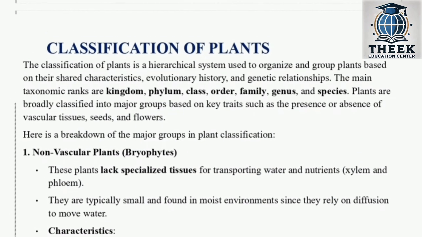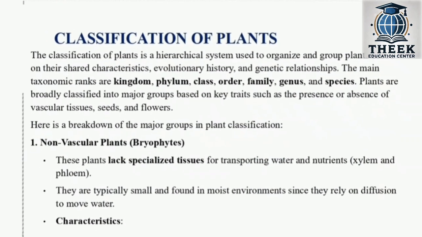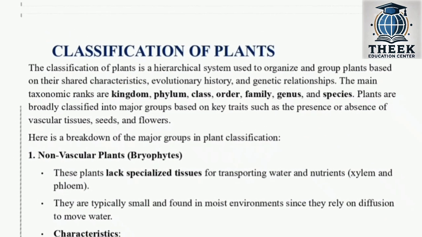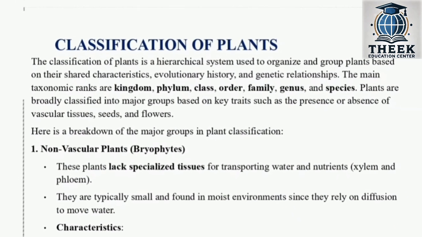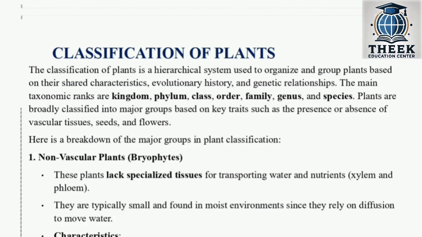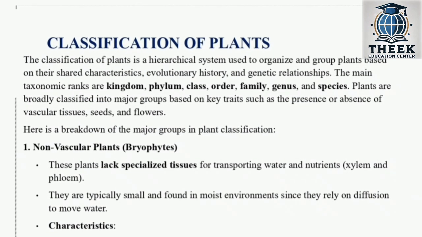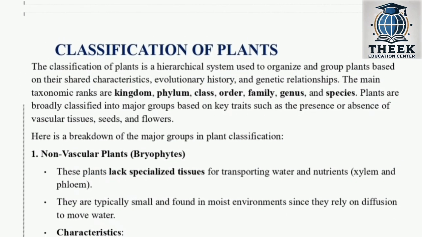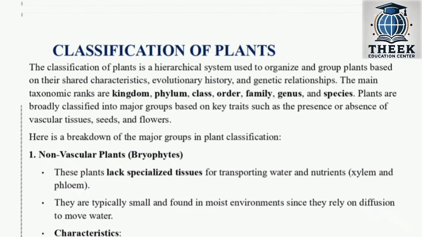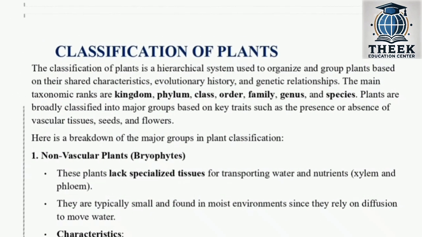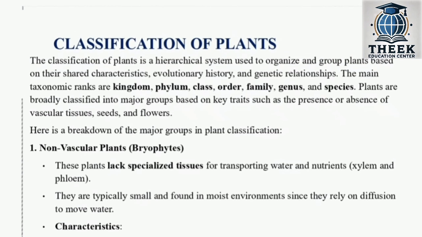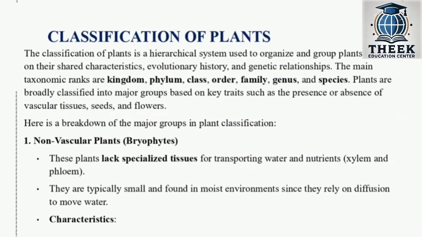So in this classification, we are going to talk about how we group these plants. We group these plants based on their common characteristics, their evolutionary relationship, and their genetic relationship. Now, the main taxonomic ranks are kingdom, phylum, class, order, family, genus, and species, in that order.